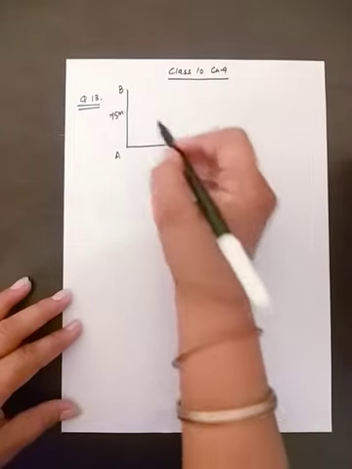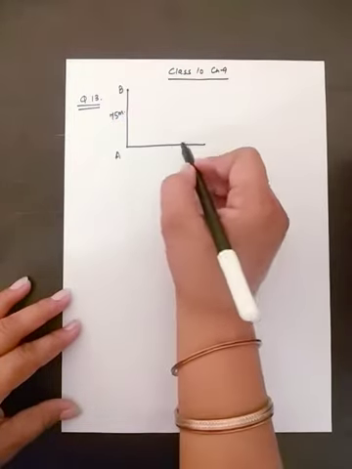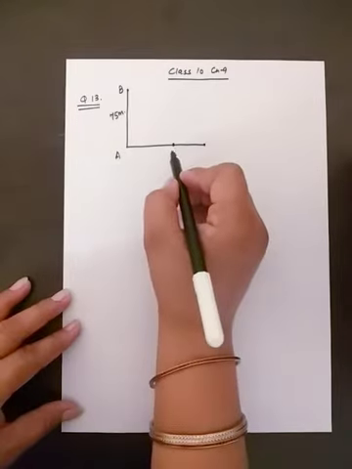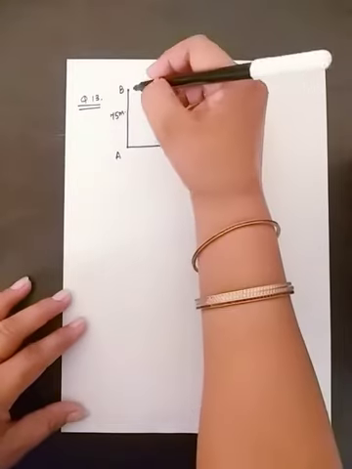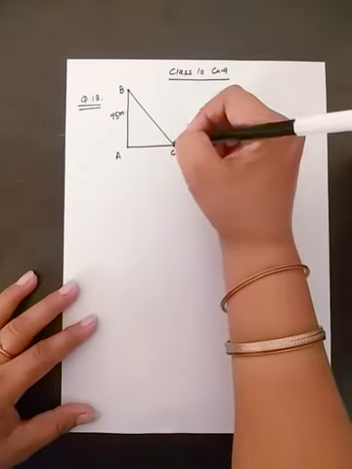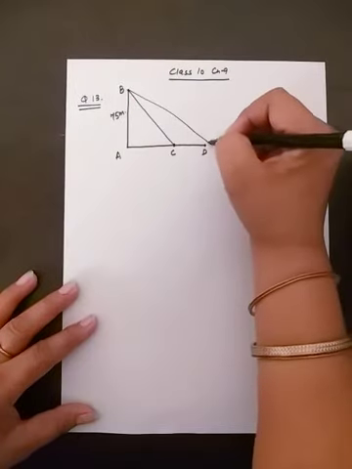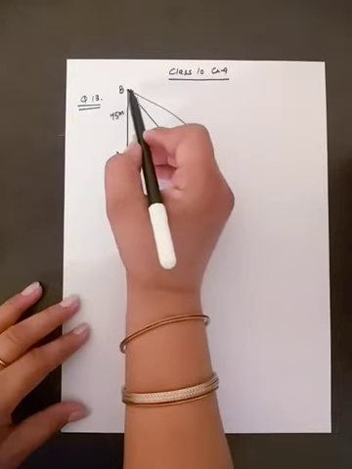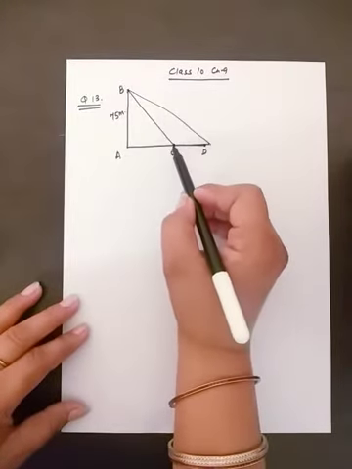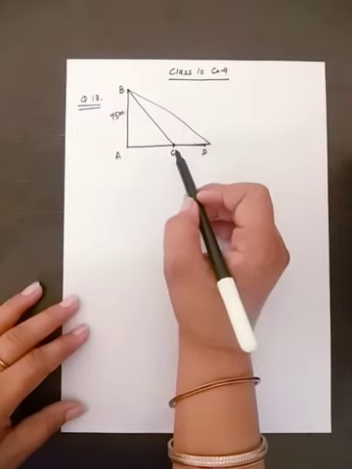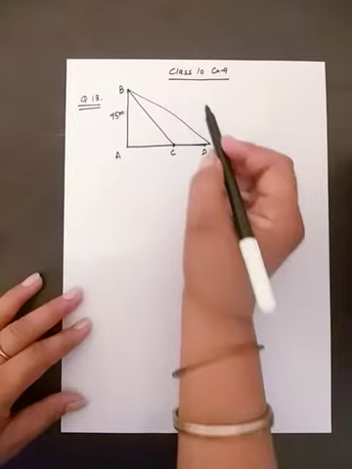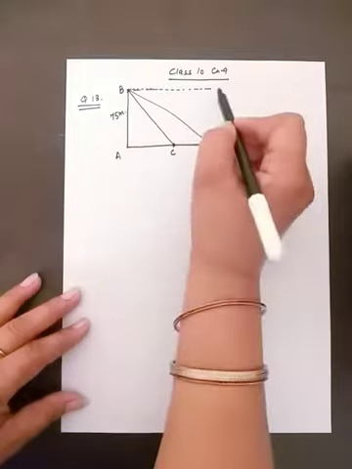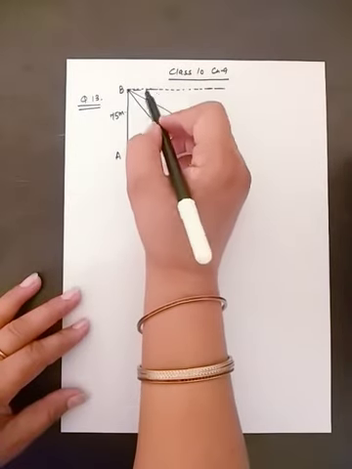Now it is given that from this lighthouse we are observing two ships in sea. Let this is first ship and this is second ship, and it is given that the angle of depression of these ships is given, meaning we are observing from point B the ships which are at point C and point D. So this is the line of sight which is parallel to AD, and now angle of depression is given.